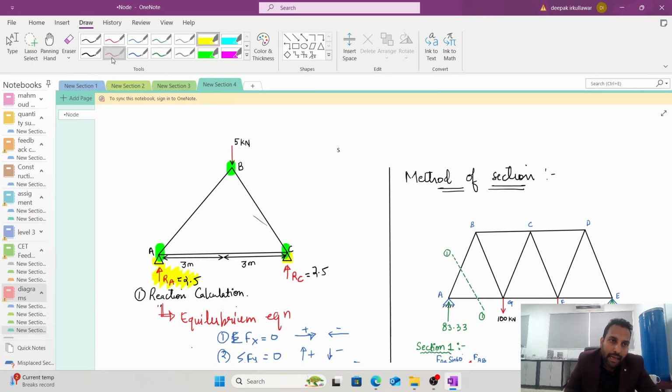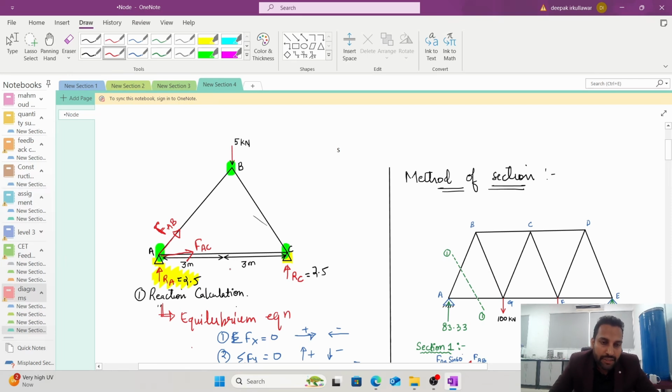Then I have a force in the member joining A. I will represent force as F, and the force in this member as F A to B, and the force in this member from A to C. So I have a force in the member A to B and a force in the member A to C.